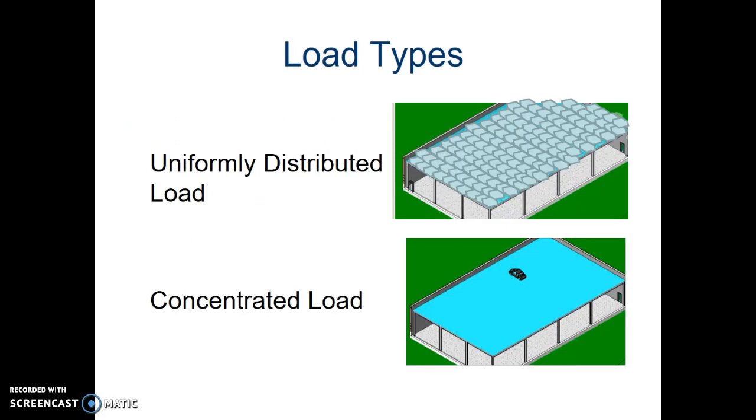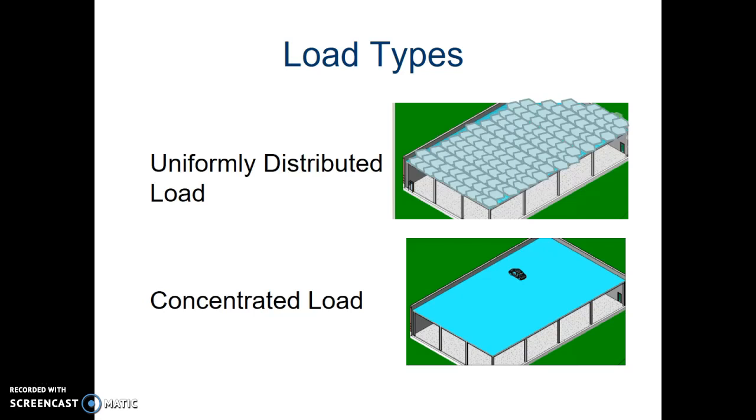Now, as for load types, a uniformly distributed load is applied evenly over a large area, like boxes of copy paper that are stacked from wall to wall in a room. The dead load of a roof system is uniformly distributed across the entire roof framing system. Live load is often given as a uniformly distributed load and is assumed to be evenly distributed across an entire area.